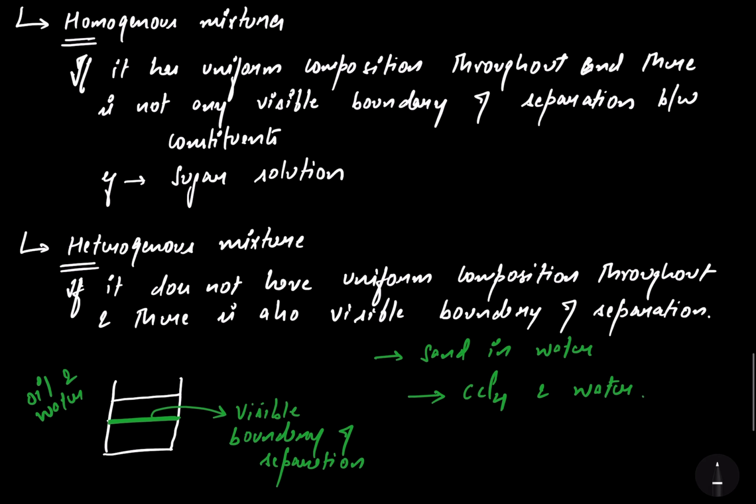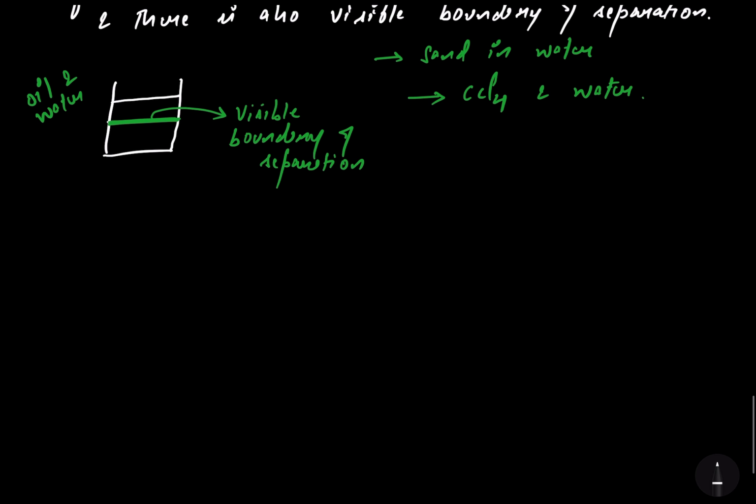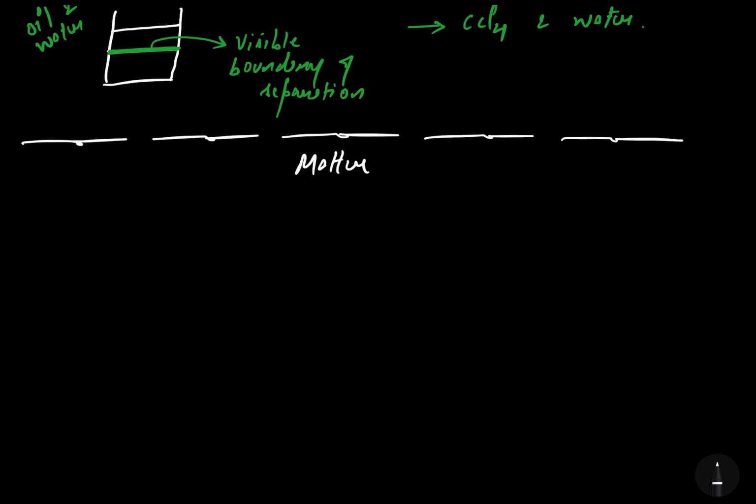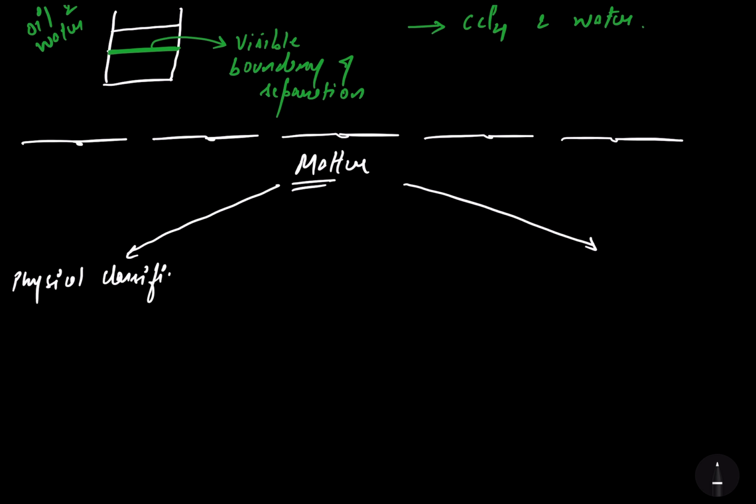So that's all for today's lecture. Let me show you a flowchart of today's lecture. So what we have discussed today: first of all, matter. What is matter? After that, we have discussed its two types of classification, the physical classification and chemical classification.